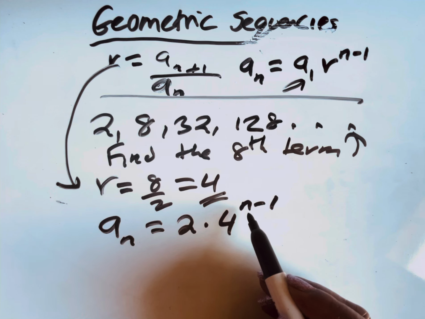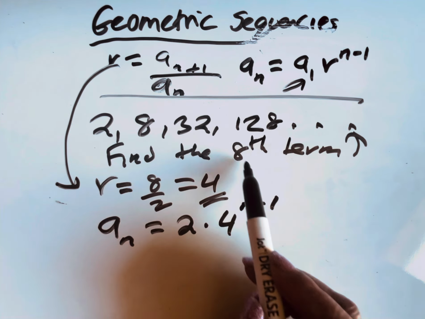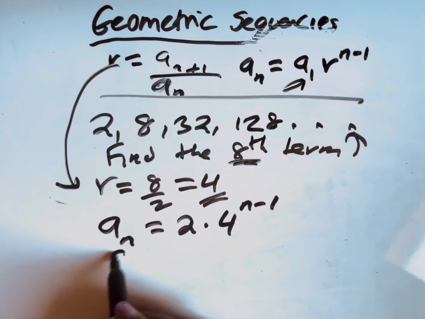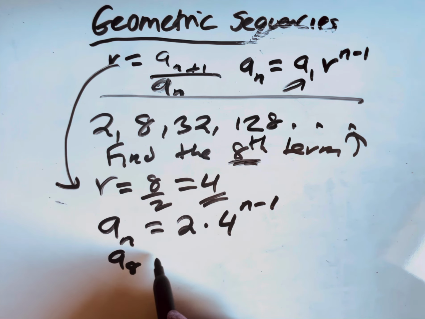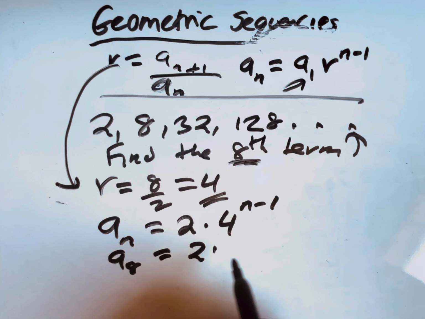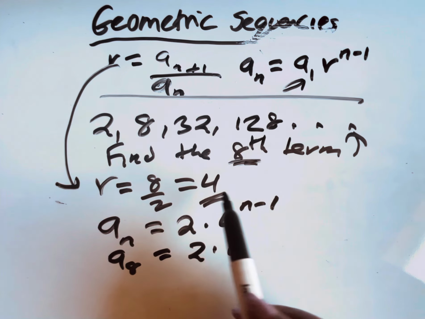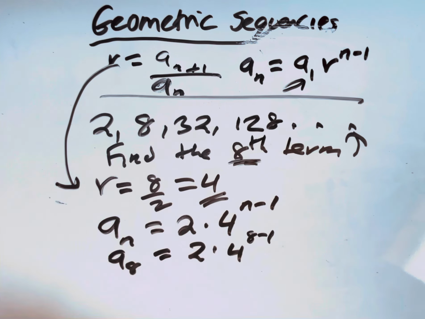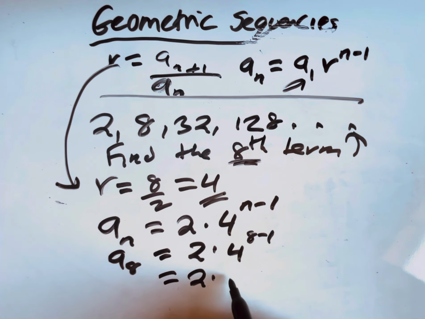This n is actually what I'm trying to find, the 8th term. So A sub 8 is equal to 2 times 4 to the power, what am I finding? The 8th term. So to the power 8 minus 1. So my 8th term is going to be 2 times 4 to the power 7.